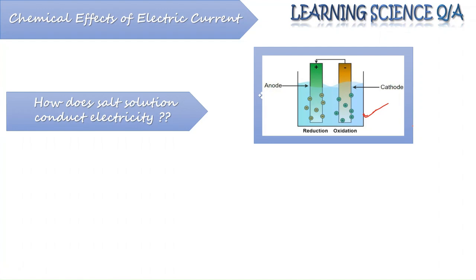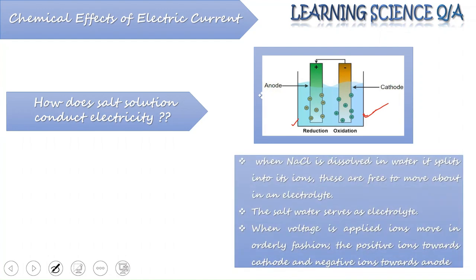That means the negative ion will move towards the anode, which is the positive electrode, and the positive ion will move towards the cathode, which is the negative electrode. Always remember, this movement will be standard. They will move towards the opposite electrode. Let's take an example of salt, which is our common salt, NaCl dissolved in water.